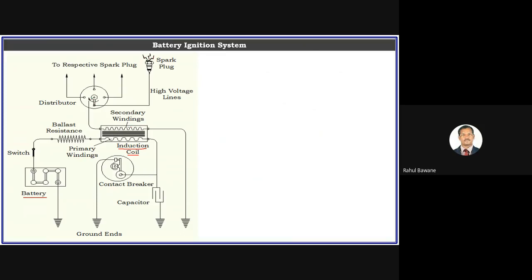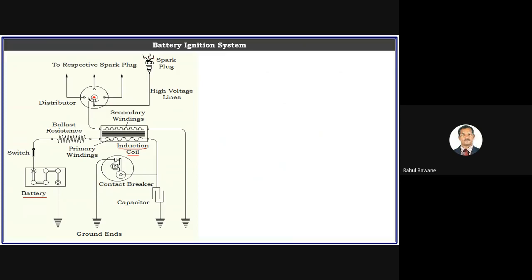Whatever high voltage reaches the center electrode has a rotating arm, and when this rotating arm reaches the respective spark plug point, the current will flow through that spark plug and a spark is produced. So this is arranged in the firing order of the engine.